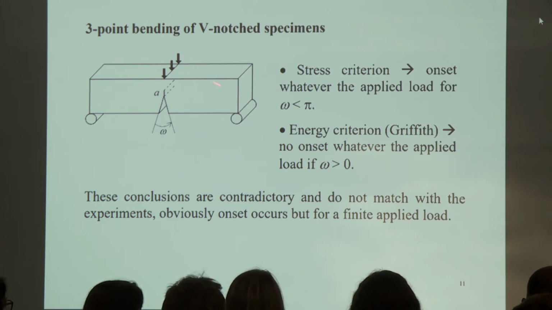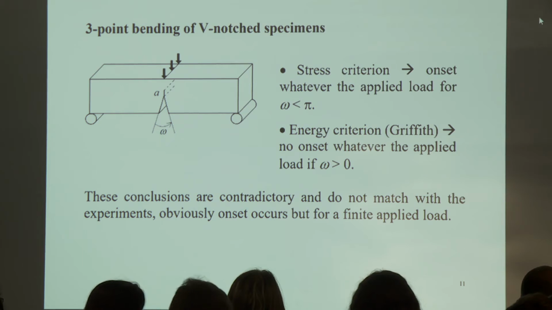So if you decide to use a stress criterion, you can predict onset whatever the applied load, even very small. On the other hand, if you consider an energy condition, except if omega is 0, I mean if the V-notch is open, then G, Griffith's energy release rate, is 0 at the corner. So no onset can occur.